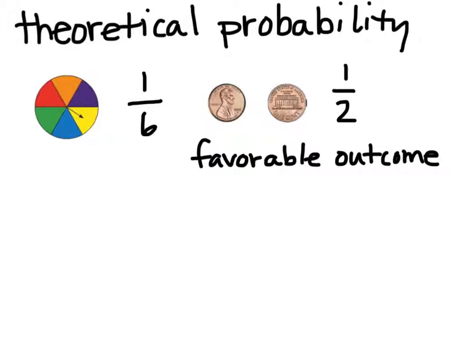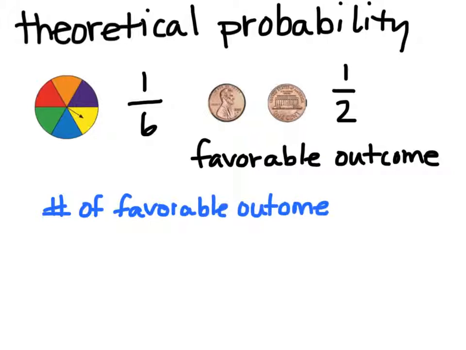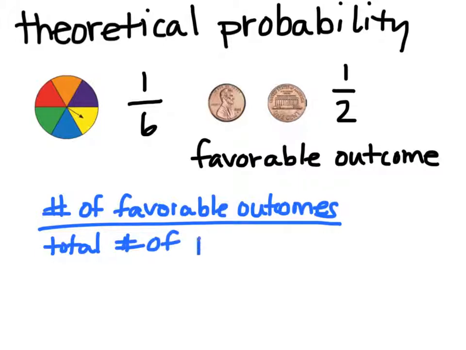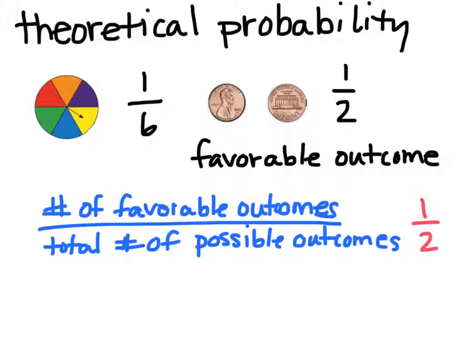If each outcome is equally likely, the theoretical probability of an event is the number of favorable outcomes divided by the total number of possible outcomes. So for flipping a coin, your odds are always 1/2.